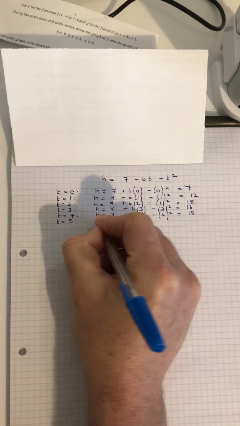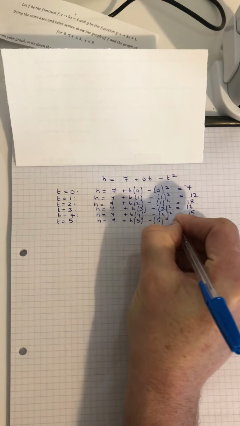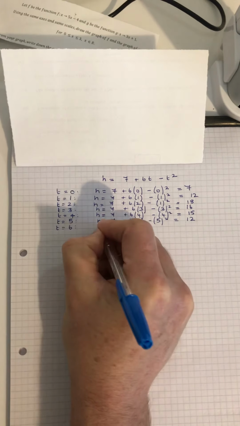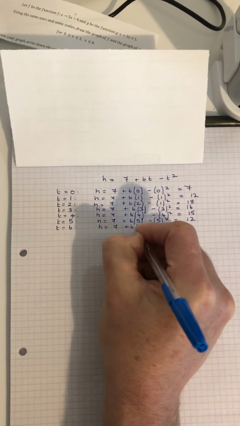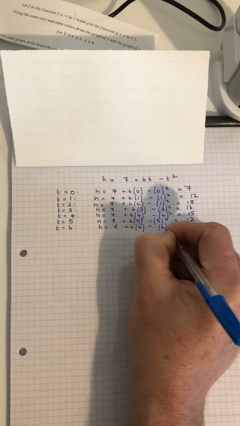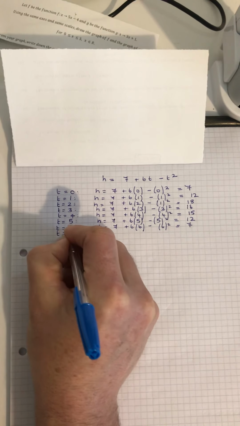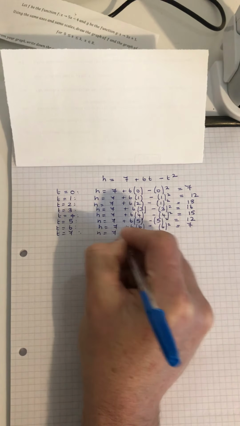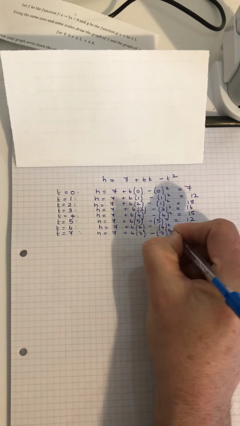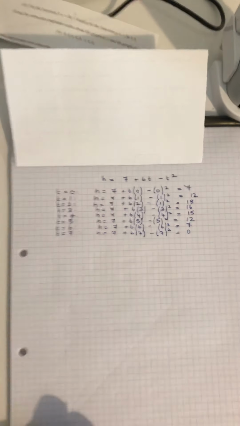When t is 5, 7 plus 6 times 5 minus 5 squared is equal to 12. When t is 6, h is 7 plus 6 times 6 minus 6 squared, which is equal to 7. And finally, when t is 7, h is 7 plus 6 times 7 minus 7 squared, which is equal to 0.